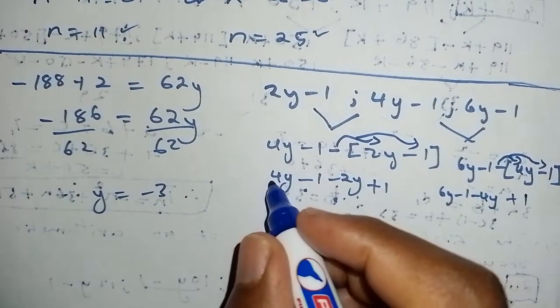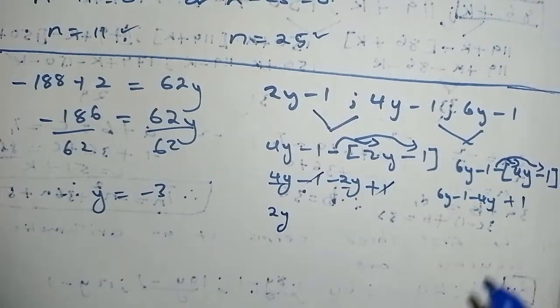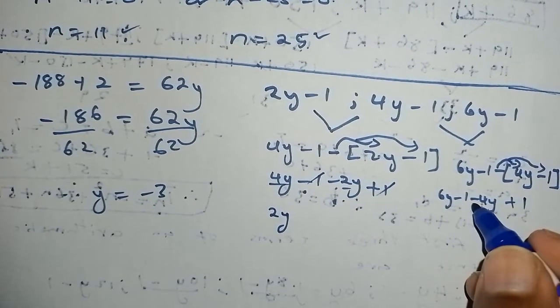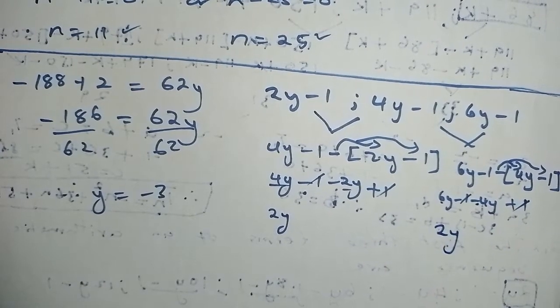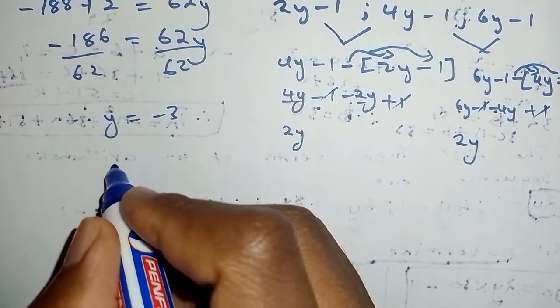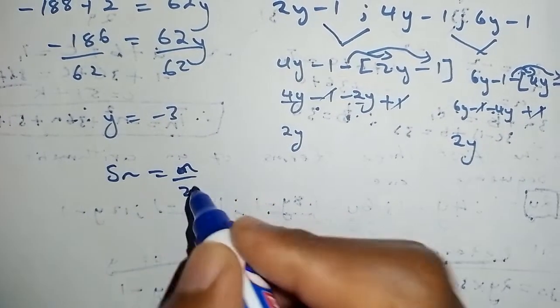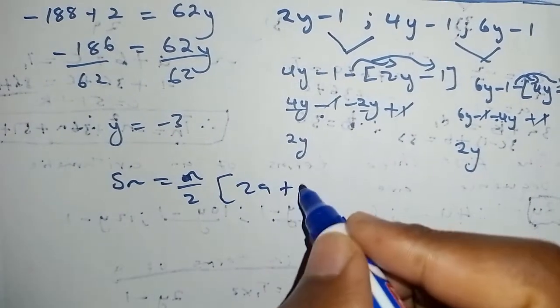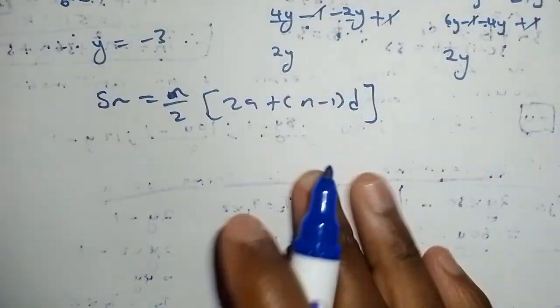Now this one and this one are out, and this will give me 2y. This one will also give me 2y. It means my difference is 2y, right? Then remember, the second equation says Sn is equal to n divided by 2 into 2a plus (n minus 1) d.